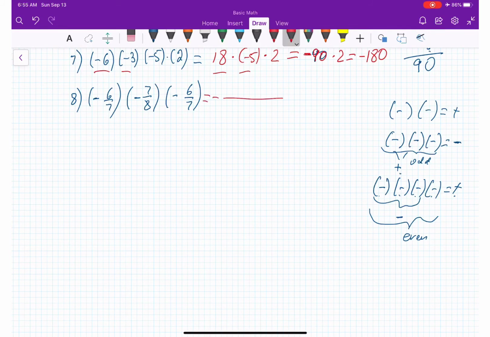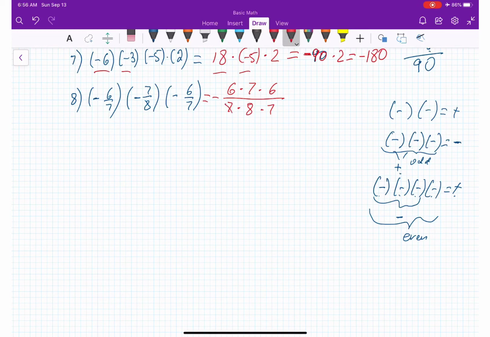And how are we going to multiply? Just like we multiply fractions. We multiply all the numerators, 6 times 7 times 6, and at the bottom multiply all denominators, 7 times 8 times 7. Okay, so what can we do?